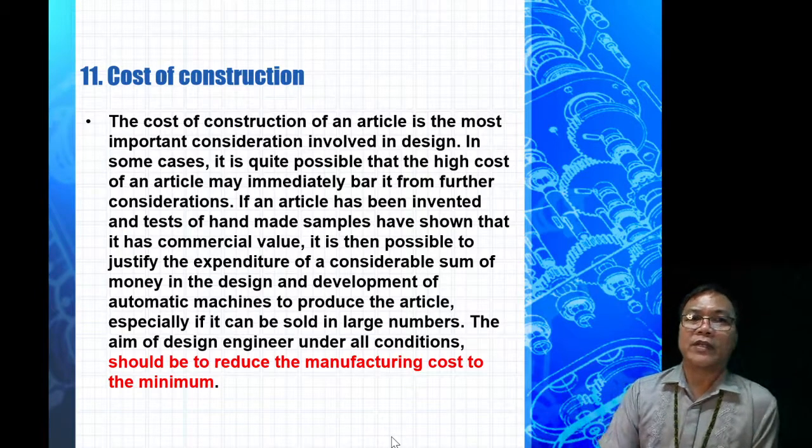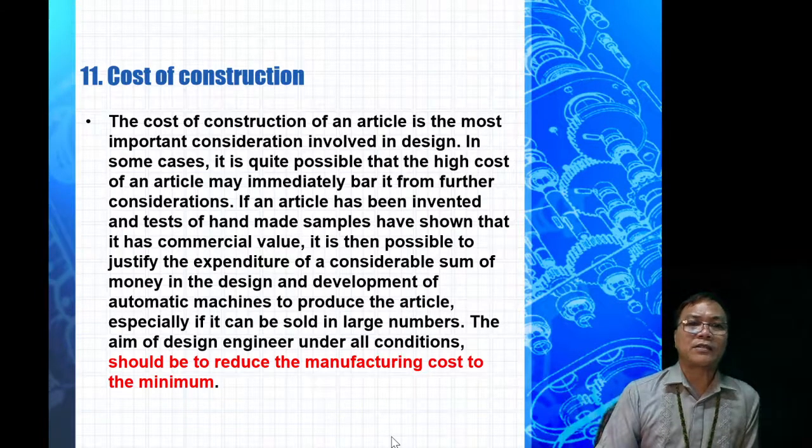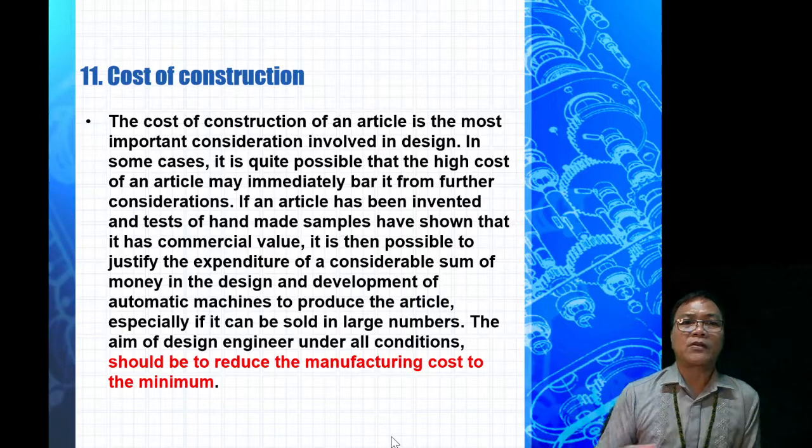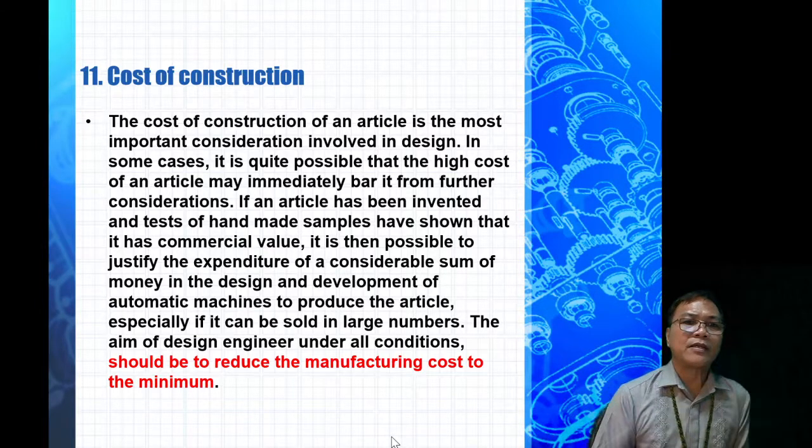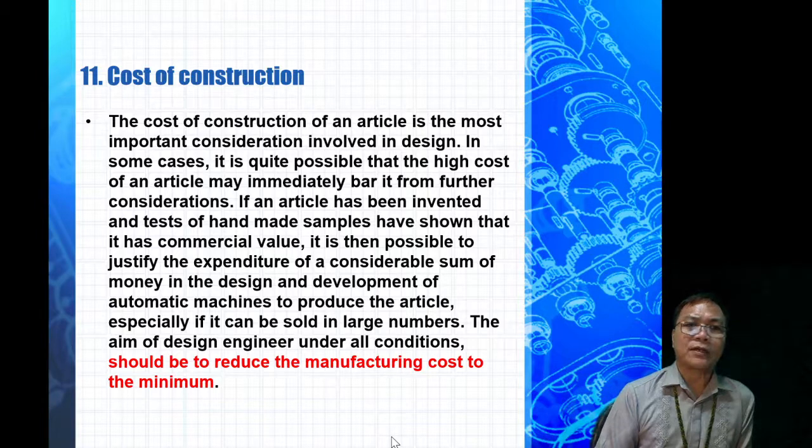Okay, number 11 is cost of construction. This is also very important. The cost of construction of an article is the most important consideration involved in design. In some cases, it is quite possible that the high cost of an article may immediately bar it from further consideration.